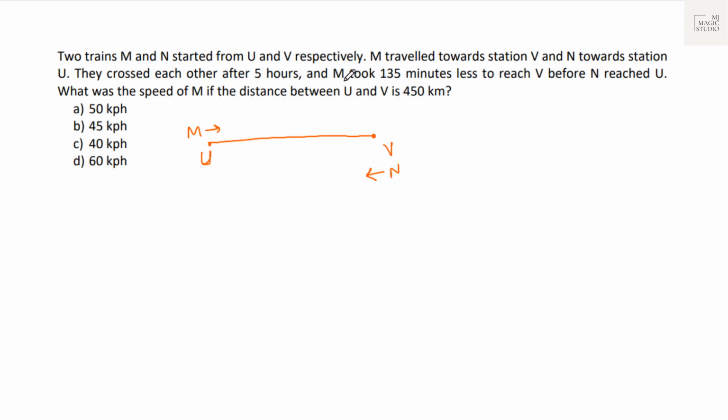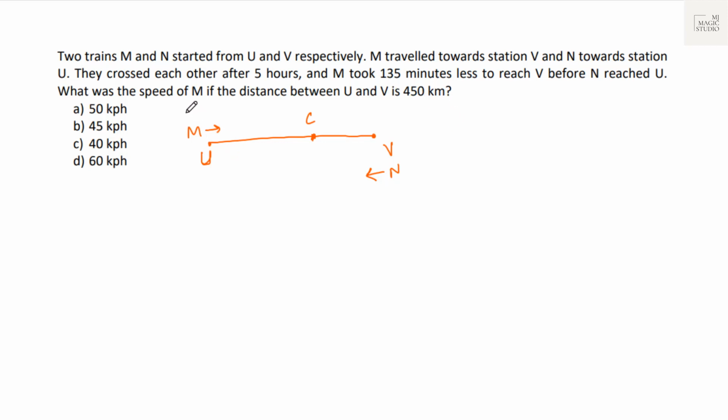Suppose they cross at this point C, and M took 135 minutes less to reach its destination before N reaches U. What is the speed of M if the distance between U and V is 450 km?